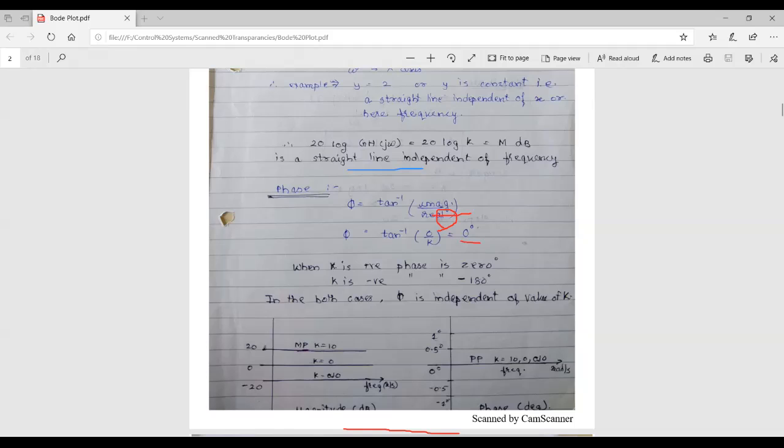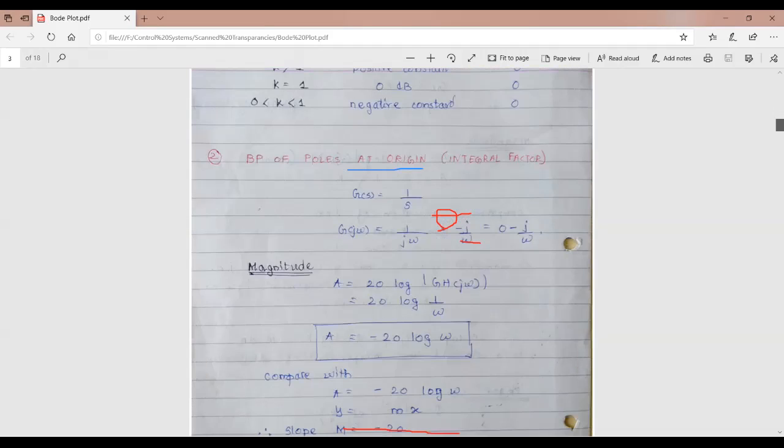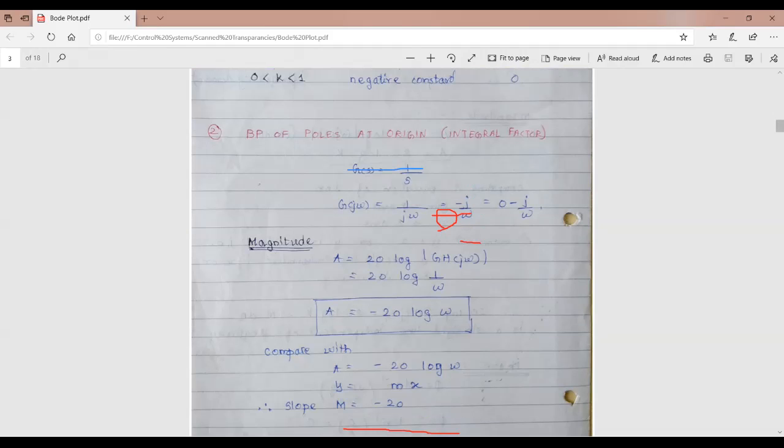Now let us proceed to another factor. Bode plot of poles at origin. If you have a pole at origin, what would the factor be? G(s) would be 1 upon s.